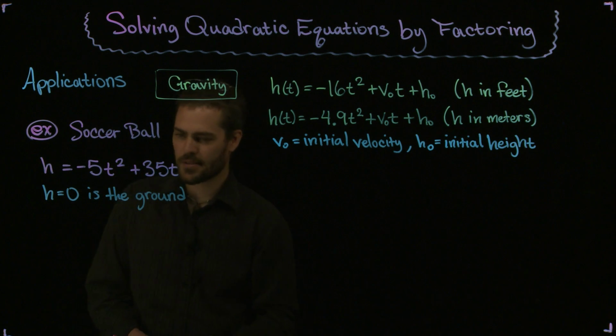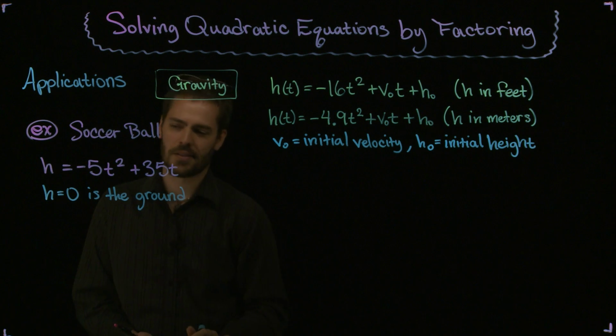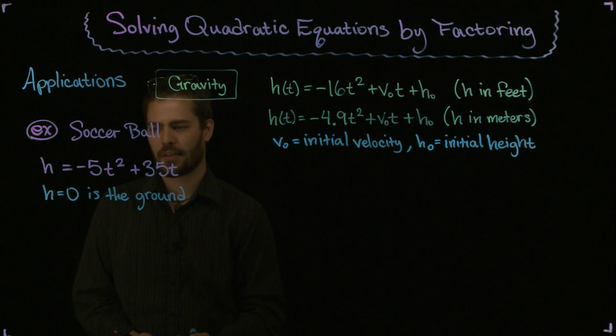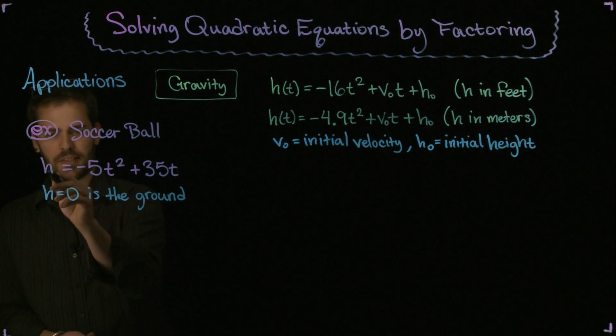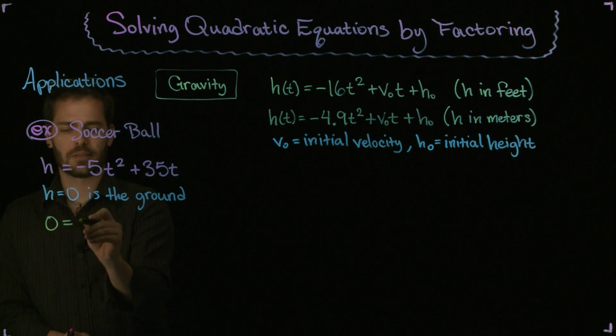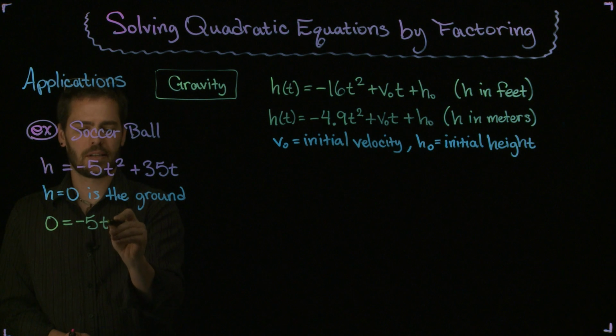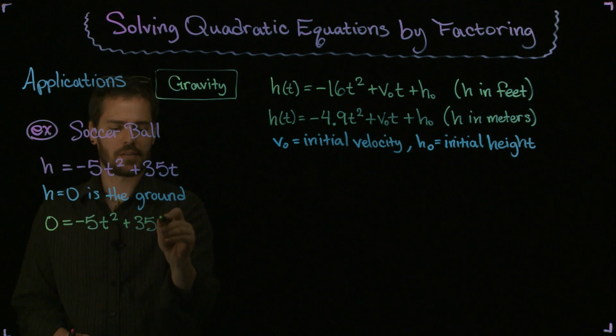It's going to end at 0 when it hits the ground. Now, I'm not taking into account all this bouncing and all this other stuff, just when it hits the ground the first time. Okay. So if I want to solve when it hits the ground, I'm going to put the 0 here in my original equation and say 0 is equal to negative 5 t squared plus 35 t.